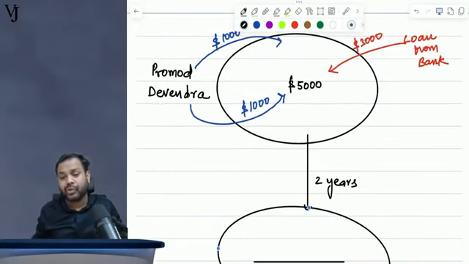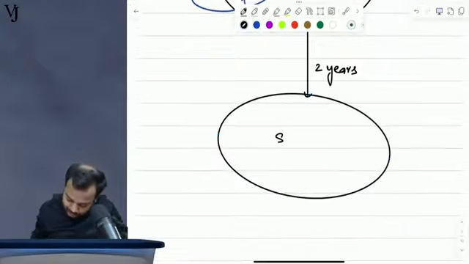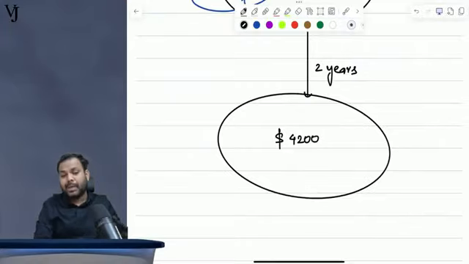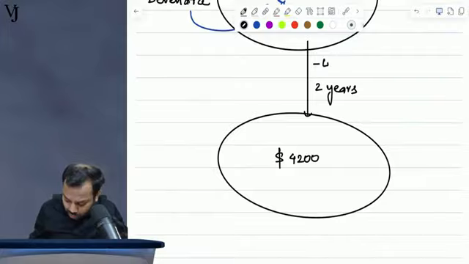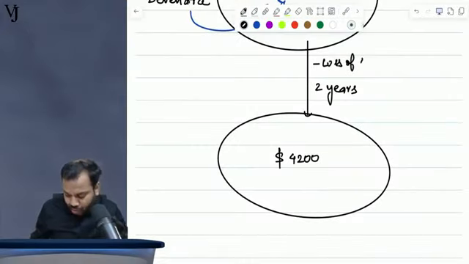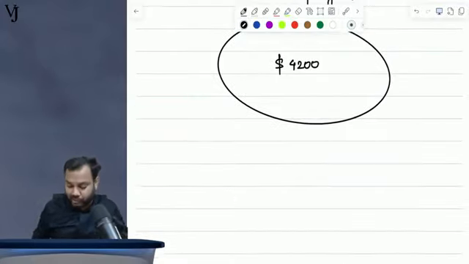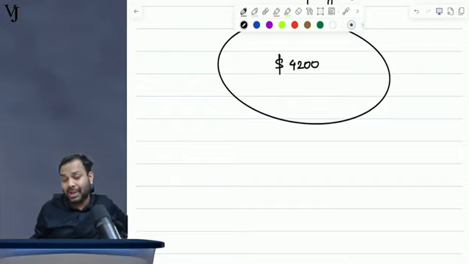This $5,000 which they initially brought in the business became $4,200, because they suffered a loss of 800. Now tell me, I am giving you options: how will this 4,200 be settled to Pramod, Devendra and bank?